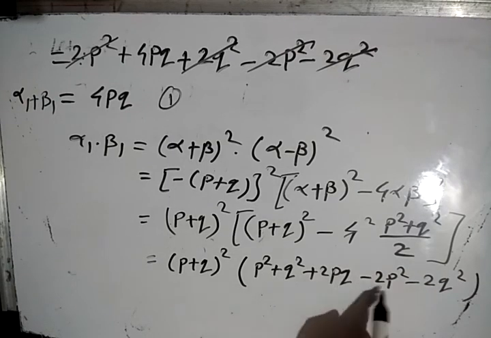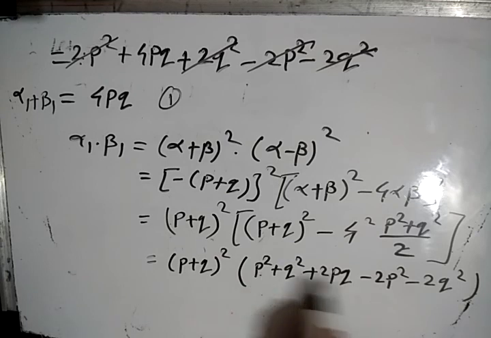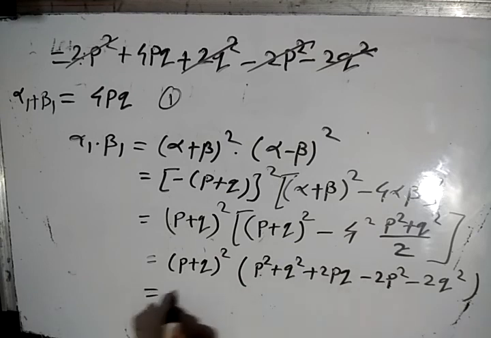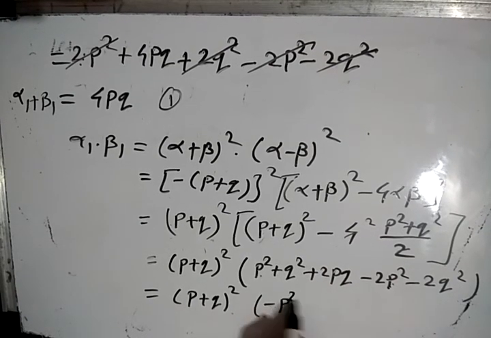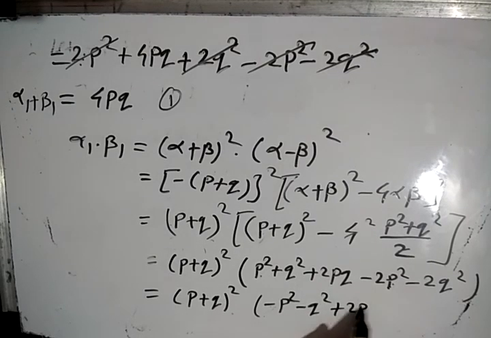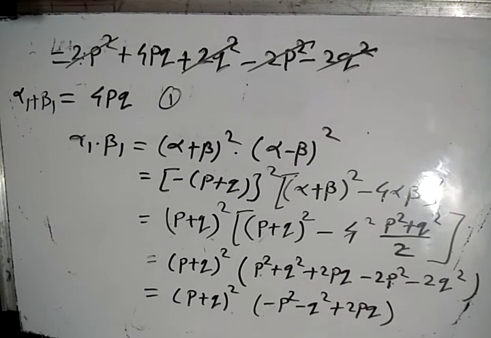And here this p square. Therefore what we can get? p plus q whole square. Here we get minus 2p square, that is minus p square minus q square plus 2pq. Here we get this statement.